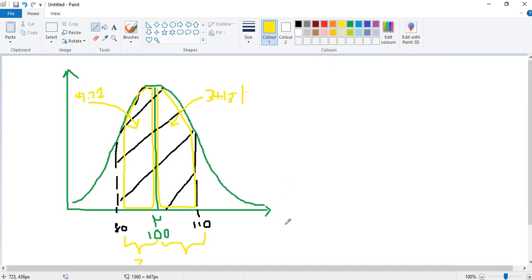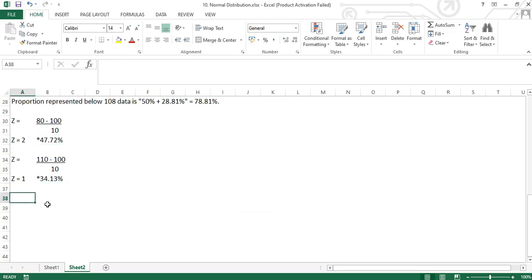So finally what will be our answer? The total area of everything between 80 to 110 is 47.72% plus 34.13%, which equals 81.85%.